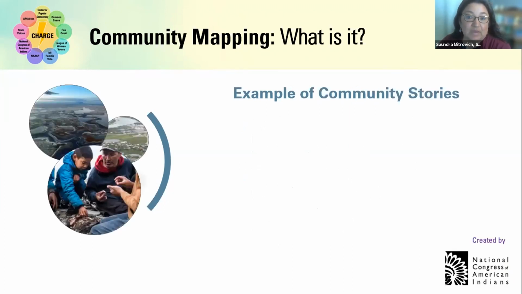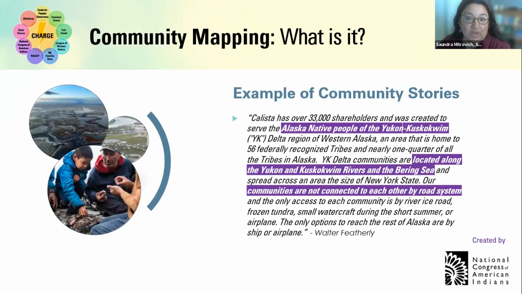When we're thinking about what community mapping is, I want us to first take a look at an example of a community. On your screen, this is Chulista in Western Alaska. Walter Featherly joined one of our sessions on community mapping, and he talked about the identity of his Alaskan community known as Chulista.